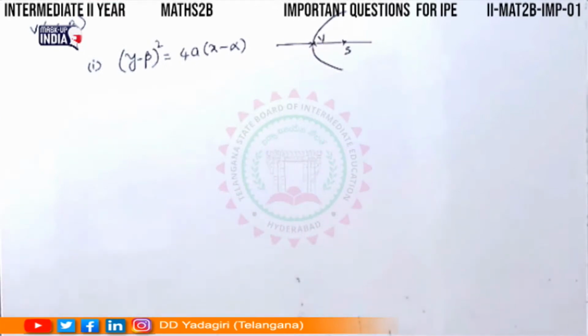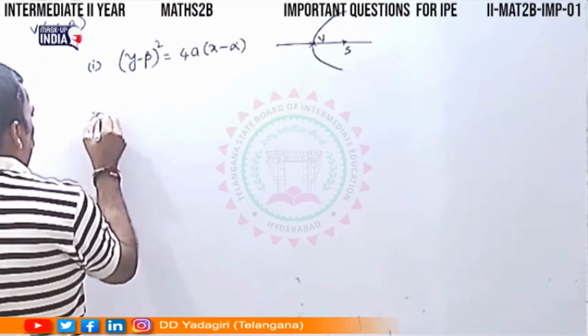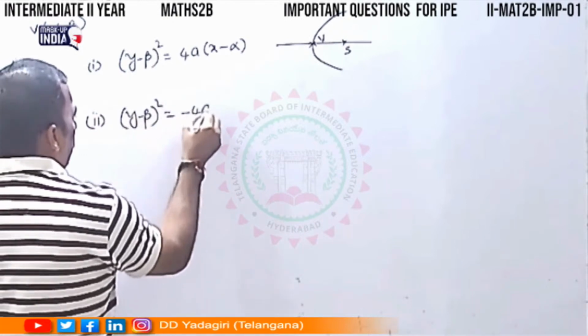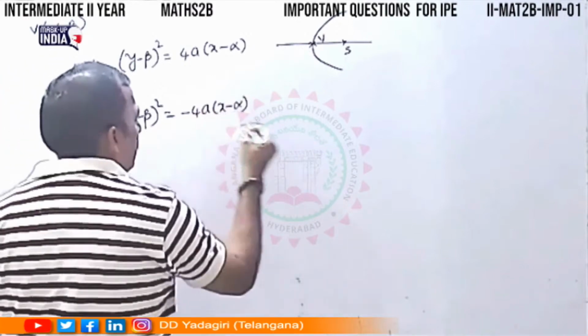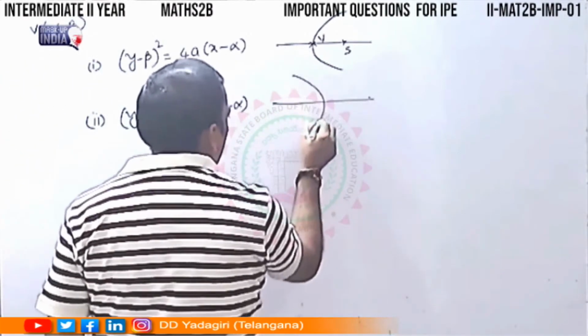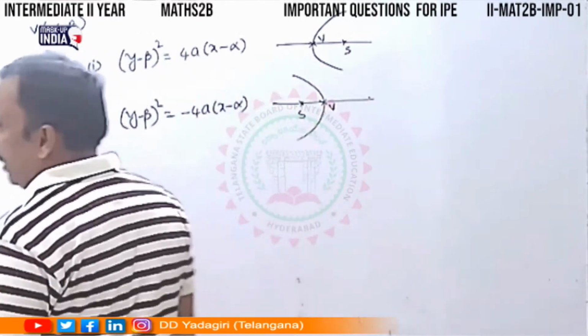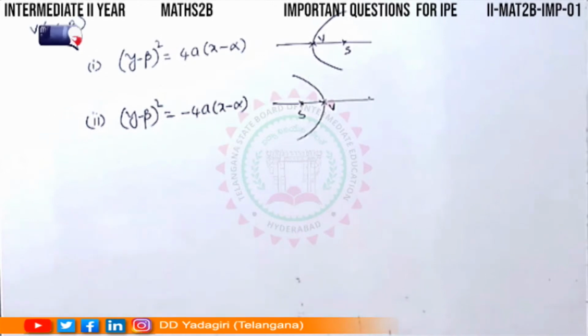Second one, (y - beta) whole square = -4a(x - alpha) if the focus lies on the left hand side of the vertex.